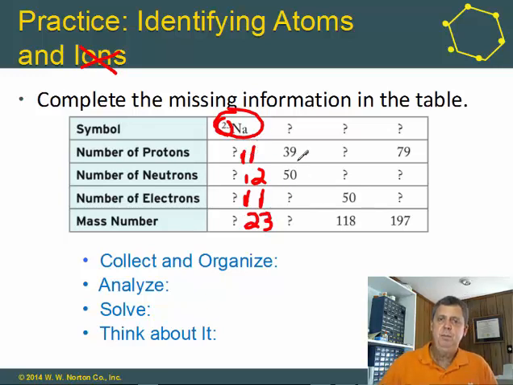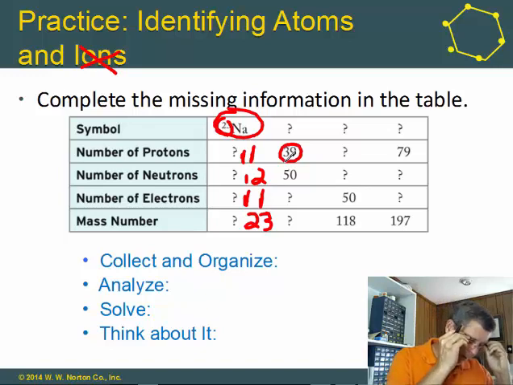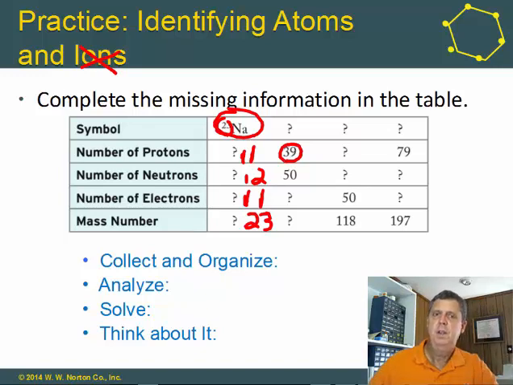So for the next column, if you haven't figured it out yet, if you got stuck there, 39 is the atomic number, the number of protons. Look in the periodic table. That gives you, let me get my periodic table out here, a little small print, yttrium. So symbol Y. Electrons needs to still be 39 since it's a neutral atom.